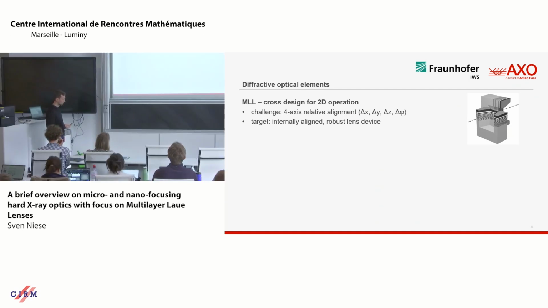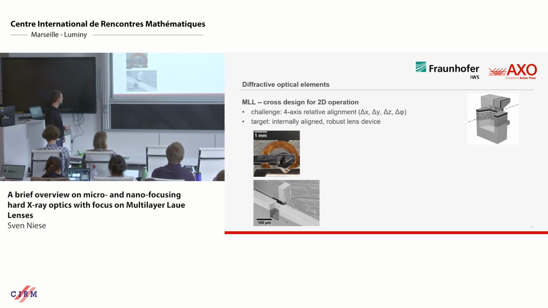And if you want to have the 2D device, you need to cross two of those 1D lenses. If this is already internally aligned, then you have 4 axes of internal alignment, and you need only a few axes for the external alignment to align them in the beamline, for example.